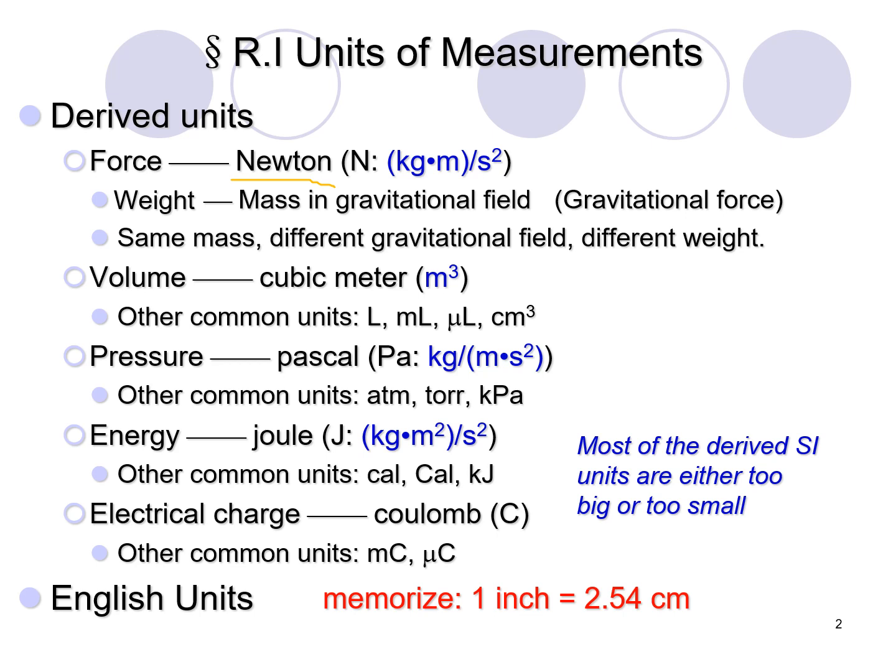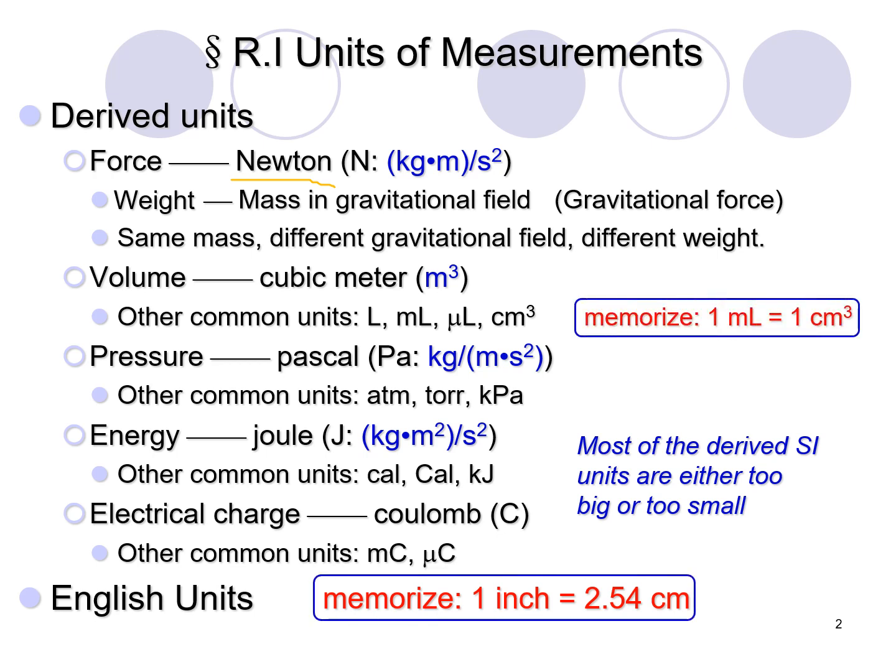And since many of you guys, I understand, are in the health business, I just want to point out there's another conversion that is useful: the conversion between milliliters and cubic centimeters, because cubic centimeters is what CC stands for in the hospital.